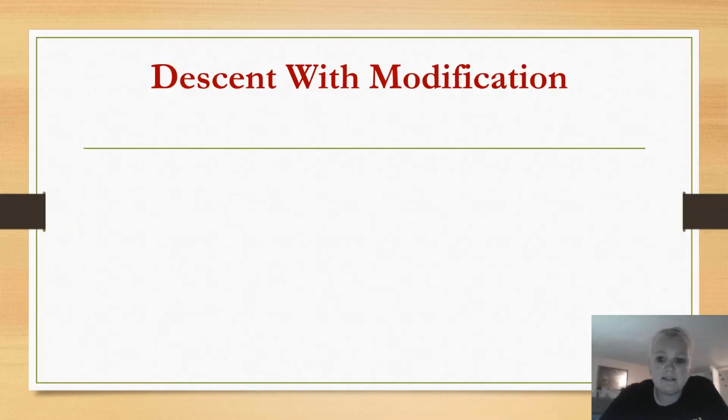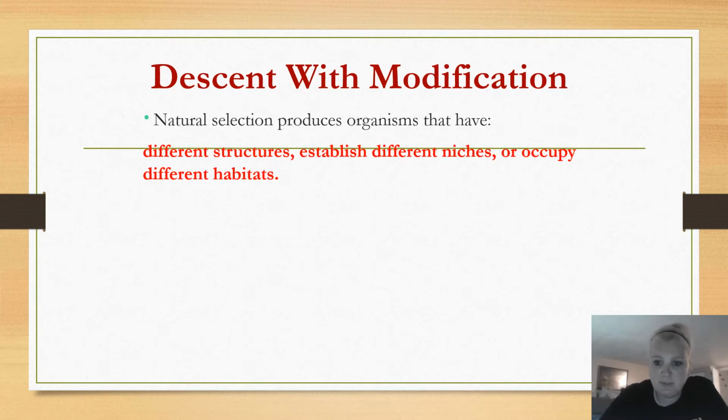One of the things that Darwin suggested in his book was that natural selection produces organisms that can have different structures. So you can have wings, you can have flippers, you can have arms. They'll have different niches. And if you remember from ecology, a niche is an organism's job or role in its ecosystem.